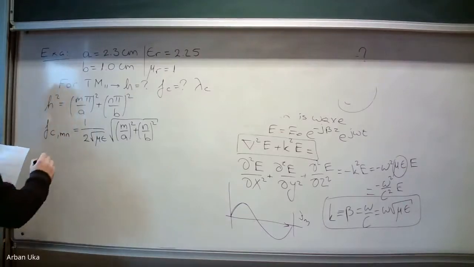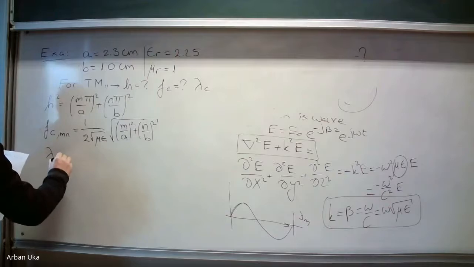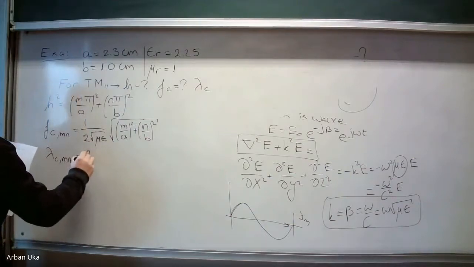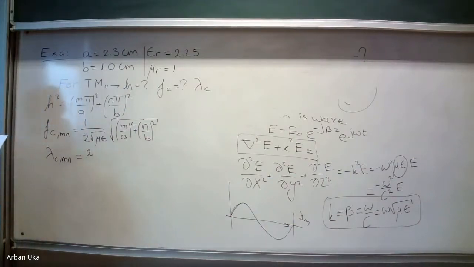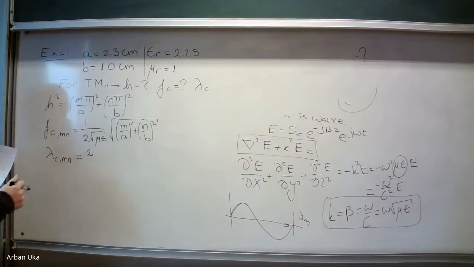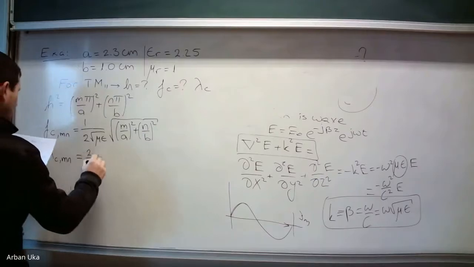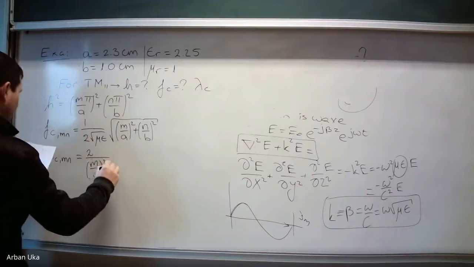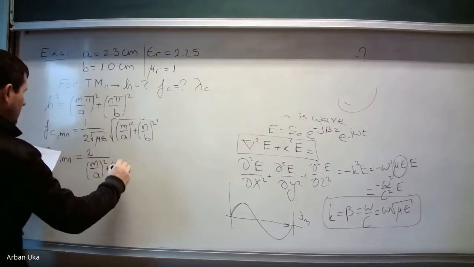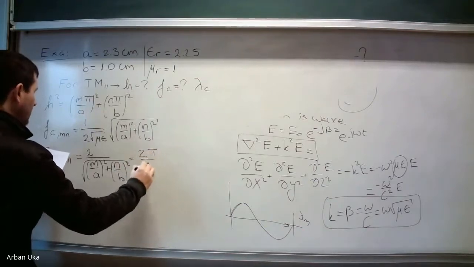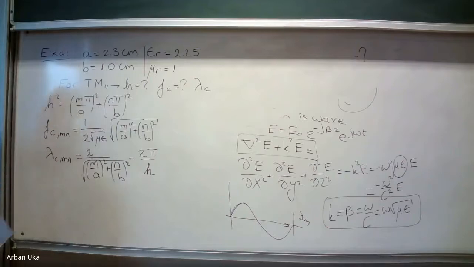Then we can also write down the cutoff wavelength, which is equal to 2 divided by the square root of (m over a) squared plus (n over b) squared, or simply 2 pi over h.